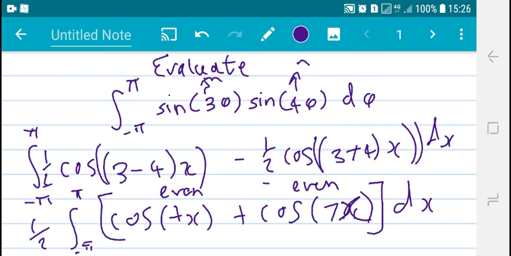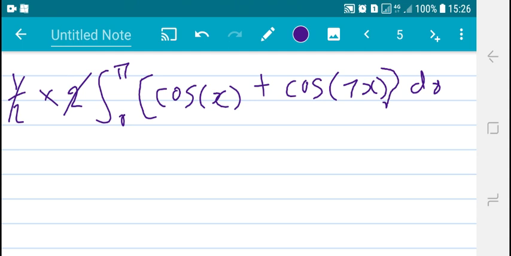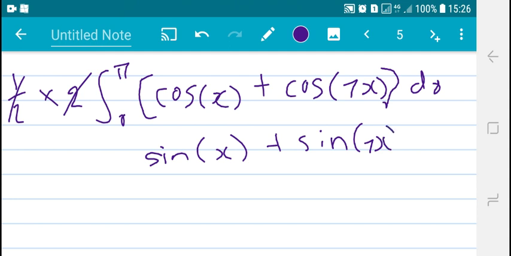Just check if that's true. Okay, that's true. And now we just find the antiderivative of this integrand. So what's the antiderivative of cosine? So it's sine, right? If we differentiate sine, we get cosine. And then same thing here, just sine of 7x. The only difference is we have to multiply by 1 over 7. Then we evaluate from 0 to pi.